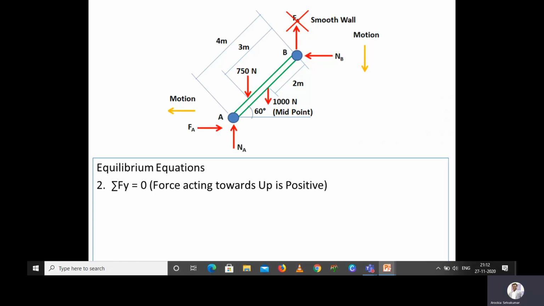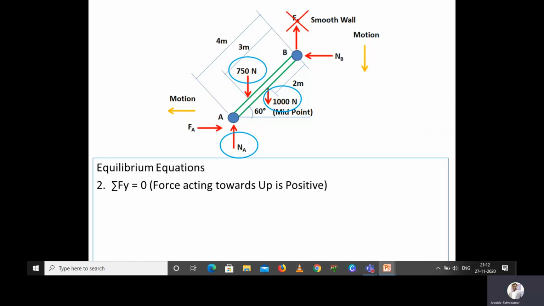Here we will see one by one in the free body diagram what forces are acting vertically. The first one, normal reaction at A, is acting towards up, and then 1000 Newton, that is the weight of the ladder, is acting towards down, and then 750 Newton, that is the weight of the man, is acting towards down.